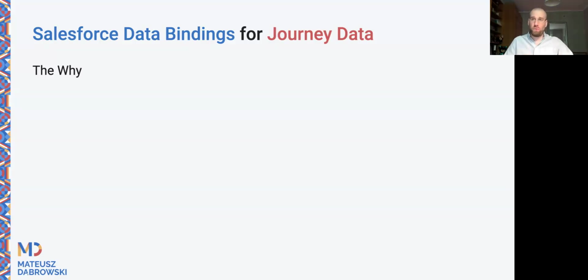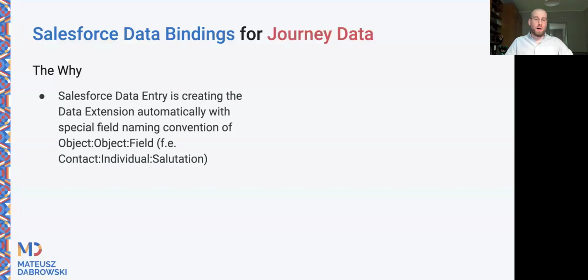But there are a few things that are really interesting in terms of the Salesforce data entry. So first is the why. You want to use and learn the Salesforce data bindings because the standard personalization strings won't work for the Salesforce data entry journey data.